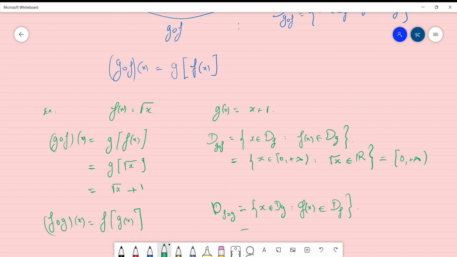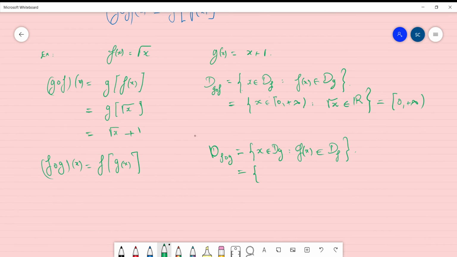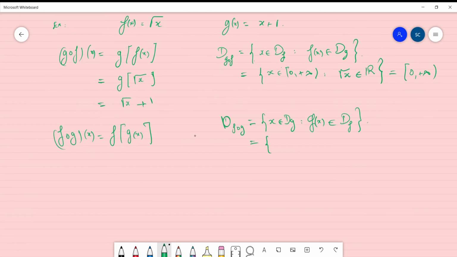Let's detail this. So x in the domain of g, which is R, such that g of x is x plus 1. We want it in the domain of f, which is 0 plus infinity, since the square root is defined in 0 plus infinity. And now this quantity is in 0 plus infinity if your x is greater than minus 1. So it will be minus 1 plus infinity. Here is my domain.